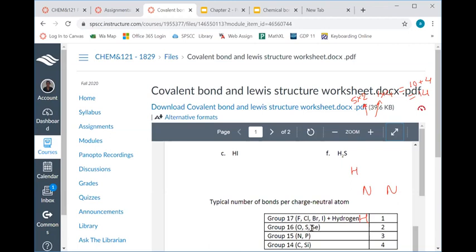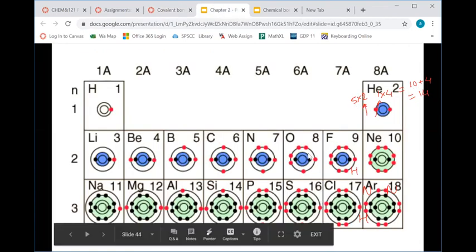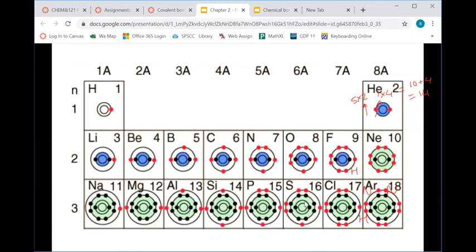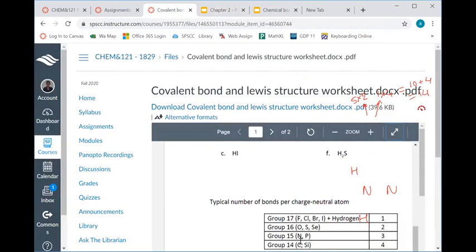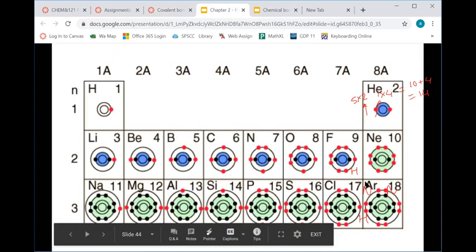Similarly, oxygen and sulfur can have 2 bonds, because let's look back. Oxygen, sulfur, how many do they need to fill their outermost orbitals? They have 6, so they need 2 more. And similarly, fluorine, chlorine, bromine, iodine, and hydrogen only need 1 more electron.